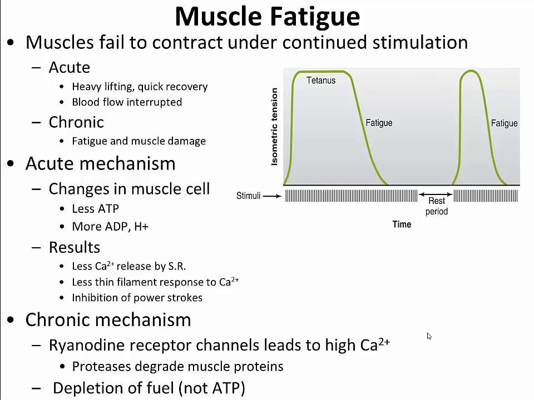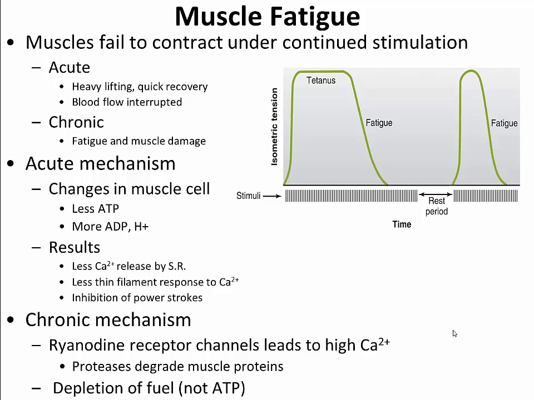In chronic fatigue, one thing that we notice is that the ryanodine receptor channels in the sarcoplasmic reticulum that we discussed previously become leaky, and lots of calcium leaks out.